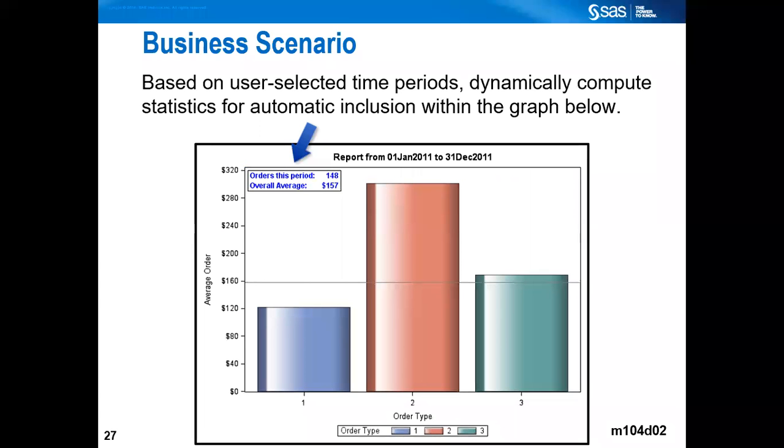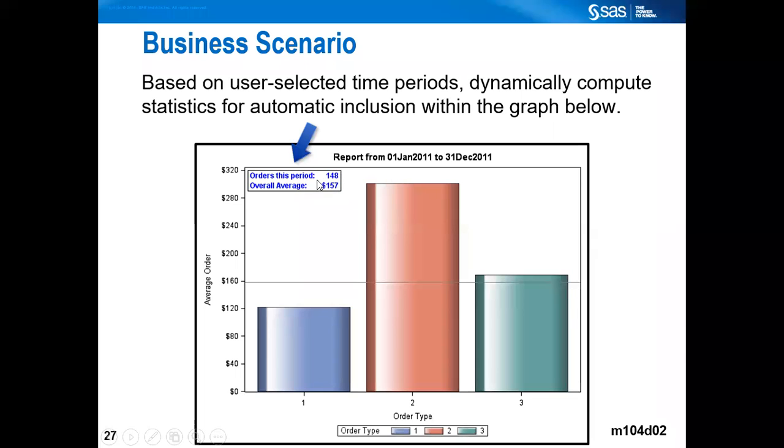Now look at this next scenario. It's just a scenario to understand how one can use this macro variable statement in your reports. You are creating a bar chart where you are giving a title and getting legends. The legend shows that for this period, between these dates, overall orders placed are 148, and the overall average is this much.